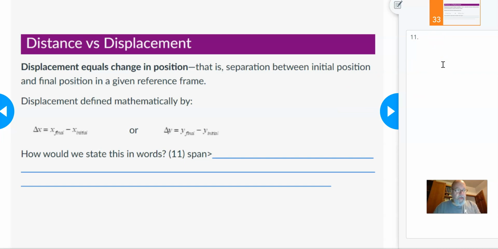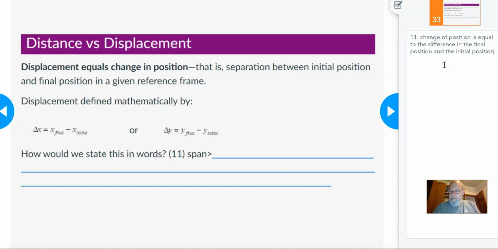What I want you to say here is, this mathematical formula states: change of position is equal to the difference in the final position and the initial position.